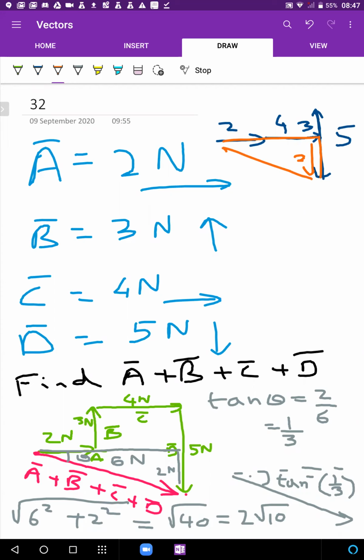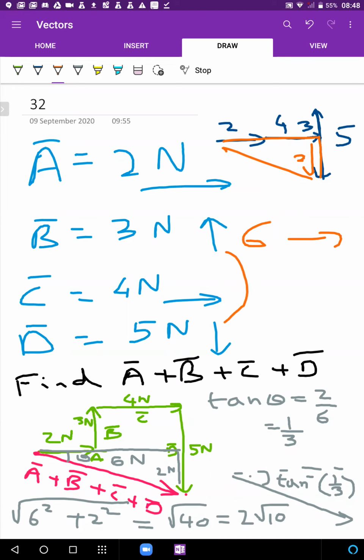So if you feel convenient, you can change the order also in which you add things. It makes sense to club the horizontal ones and club the vertical ones. In fact, in this case, we can do that mentally as well. Can't we see कि ये horizontally 6 towards right हो रहा है और vertically 5 और 3 है ना?